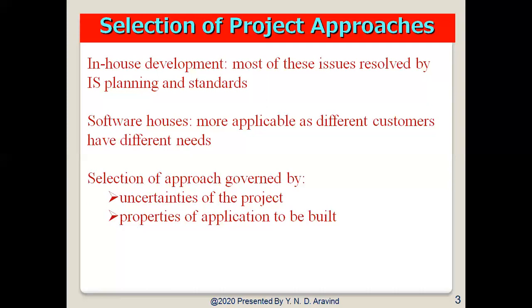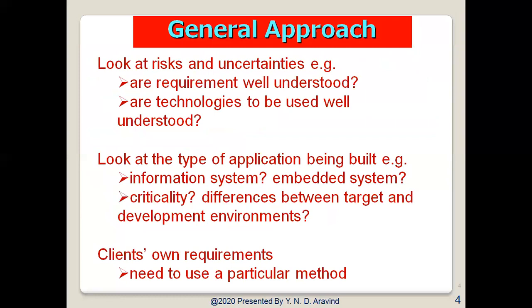For selecting the approach, we need to understand the uncertainties of the project and the properties of the applications to be used in that particular project. The general approach for identifying which model to use is to look at the risk and uncertainties. That is, whether the requirements are well understood by the concerned persons, or the technologies to be used are well understood.